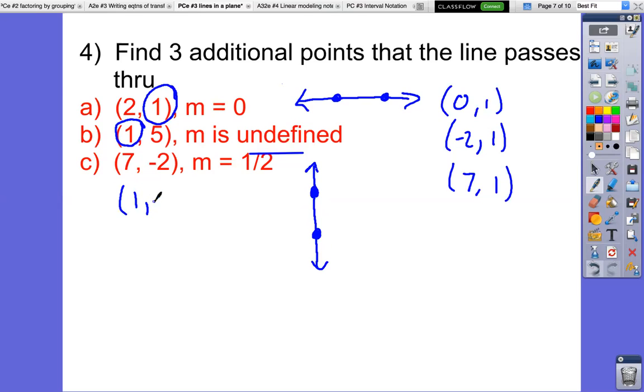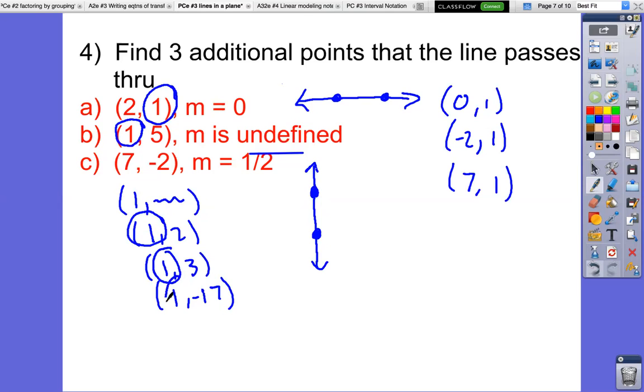So as long as I have one, whatever, it's gonna work. So I could have like (1, 2), (1, 3), (1, -17), whatever it is, as long as my X values are stagnant and my Y's are changing, that's telling me that I have an undefined or an up and down line.